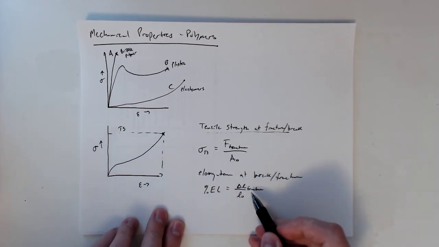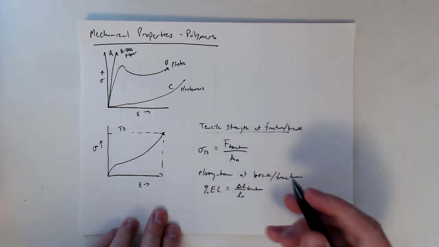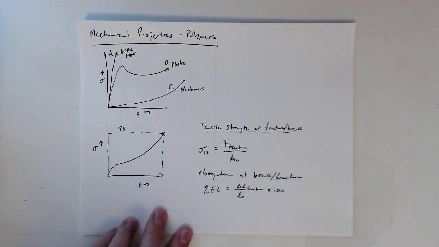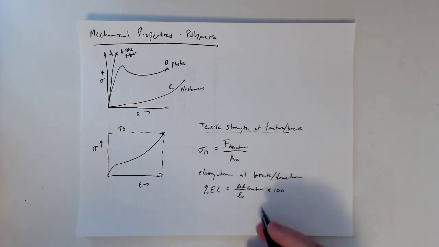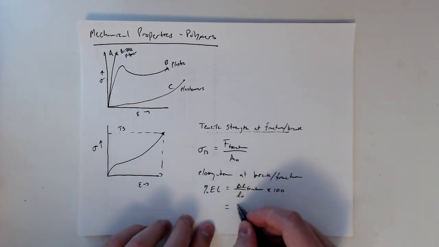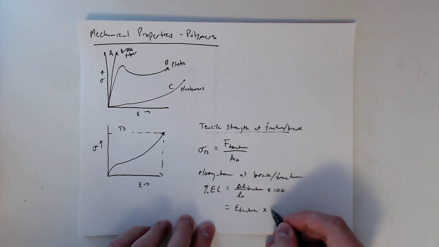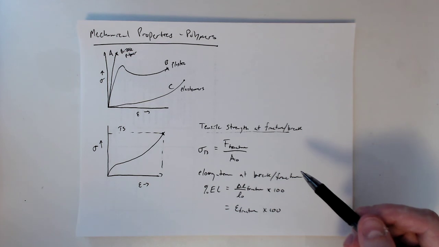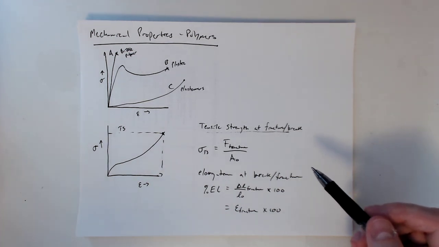If you remember, this term is equal to the strain at fracture. So basically it's that value times 100, which will give you the percent elongation. That's another easy one to calculate.